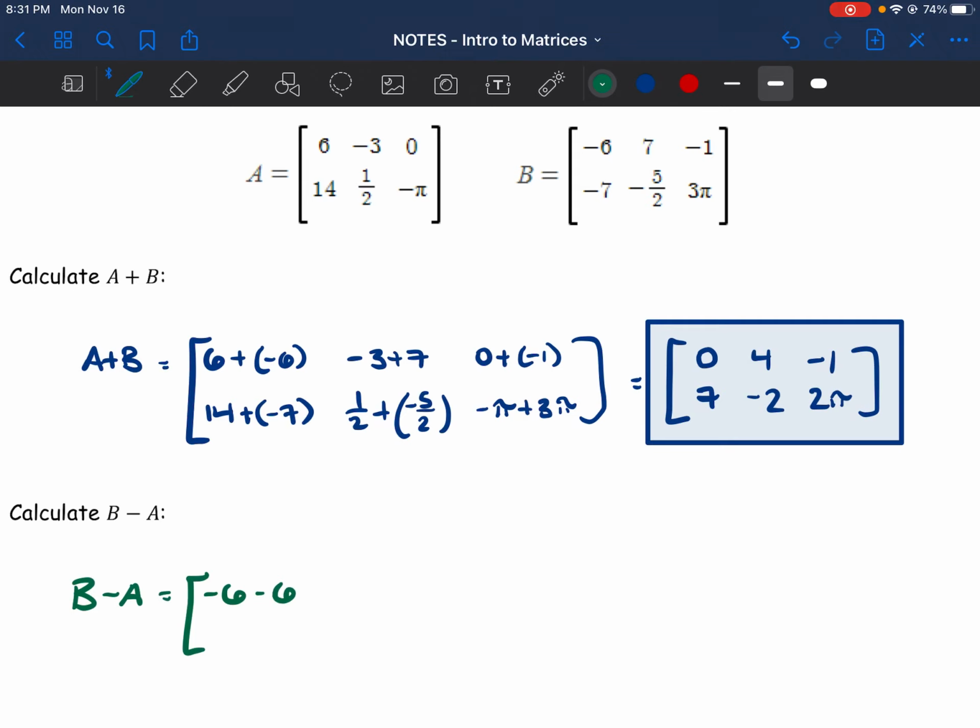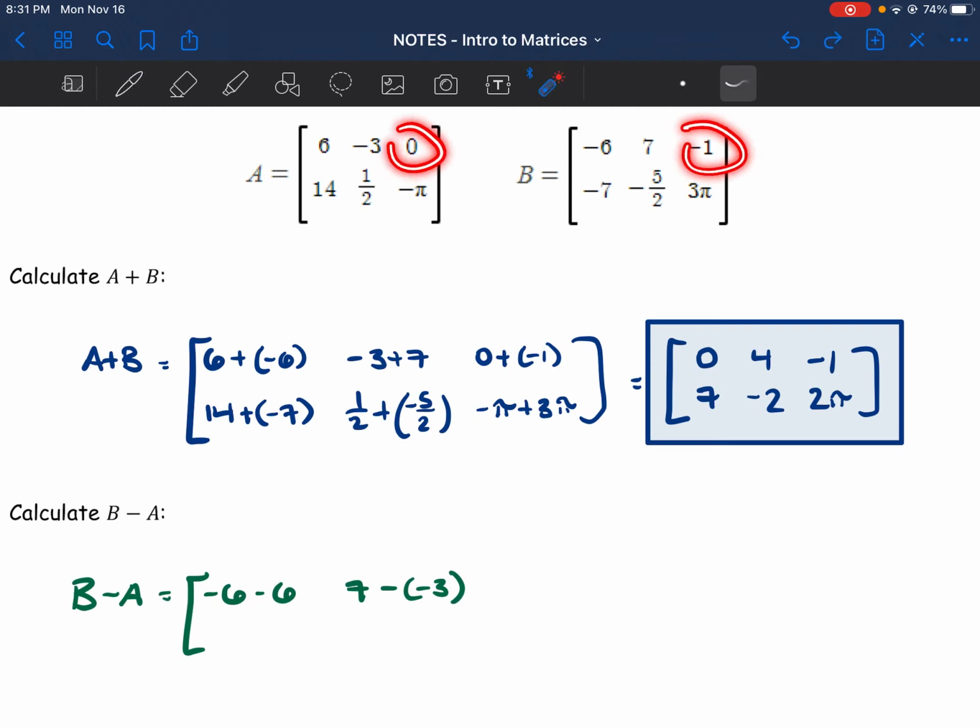Row 1, column 2, we're going to have 7 for B minus -3 for A. And I'll start highlighting these. Oh, I already did -6 minus 6. That was that first one there. Got mixed up.